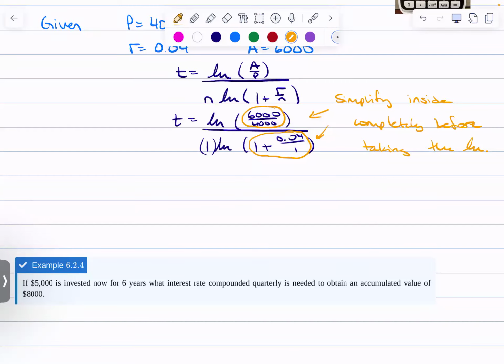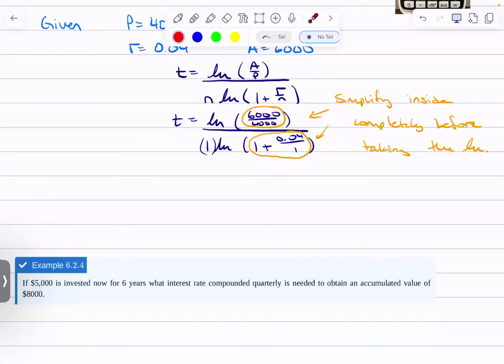Now, depending on your calculator, sometimes it'll want the number inside the ln on the screen and then you hit ln. Mine, I hit the ln and then I can put in 5 and I get 1.609437912.